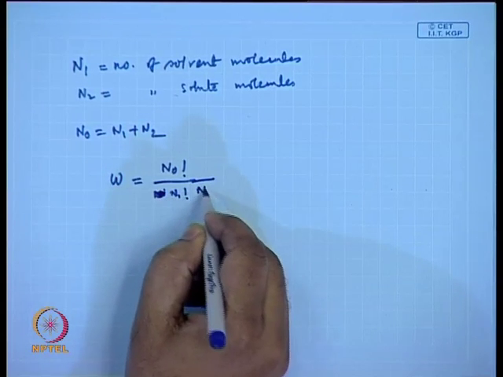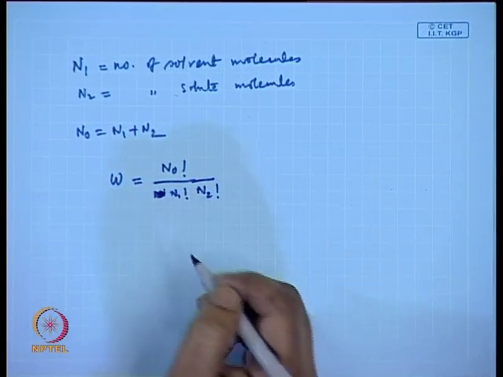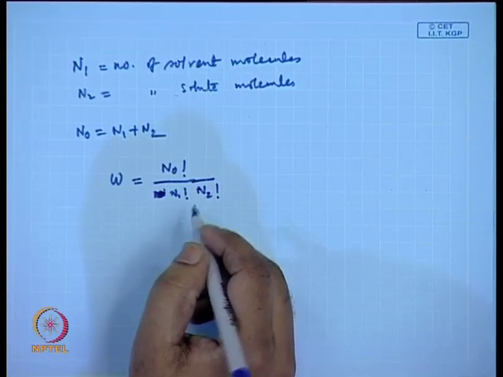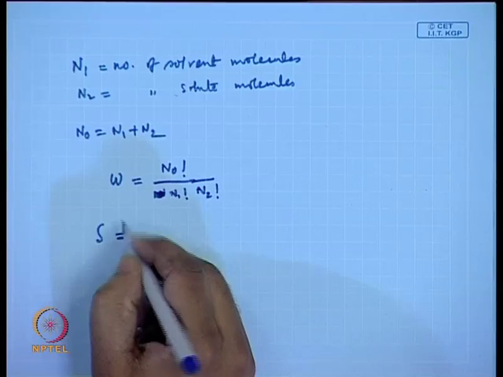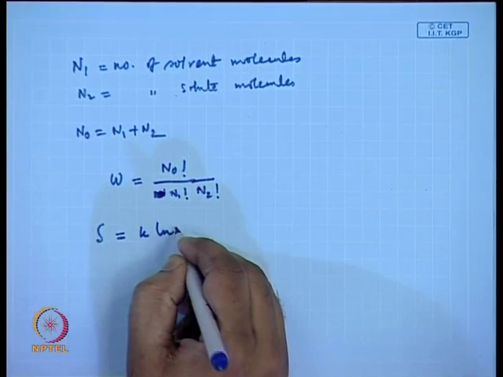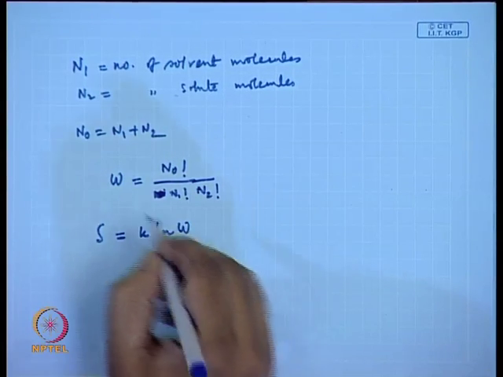you divide by N1 factorial and N2 factorial. So, quickly, the combinatorial entropy will be given by the Boltzmann equation.